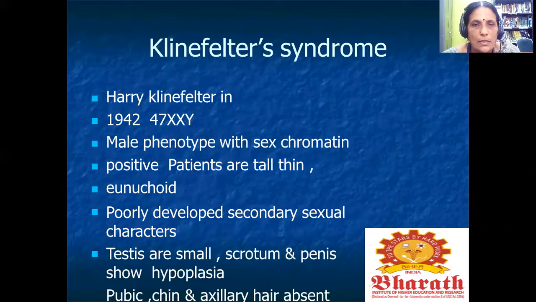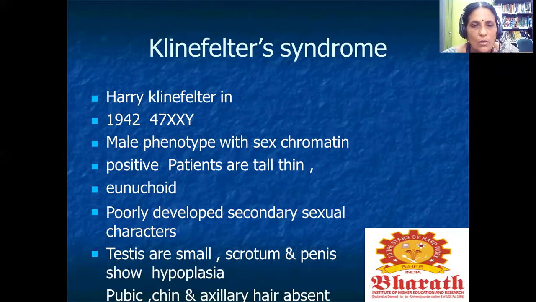So next here, Klinefelter syndrome, discovered by Harry Klinefelter in 1942. The patients have 47,XXY chromosomes, male phenotype with sex chromatin positive. Patients are tall and thin, with poorly developed secondary sexual characters.